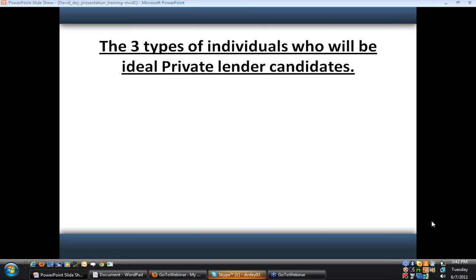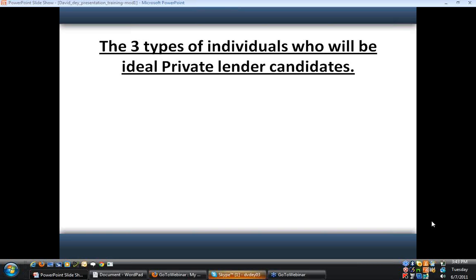Then there are what I call pocket lenders, kind of like a pocket listing with a real estate agent. A pocket lender is a lender that only lends to you, that lends based on relationship. And as a result, you're able to do much more creative deals. You're able to negotiate much lower interest rates. You're able to negotiate much more open-ended terms as far as the time frame of the loan.